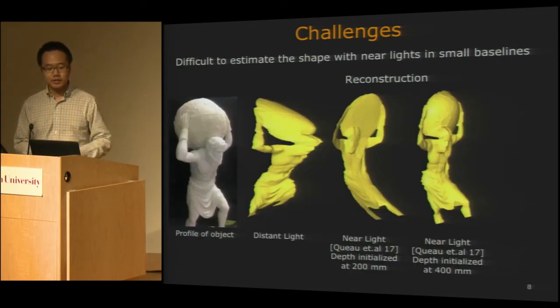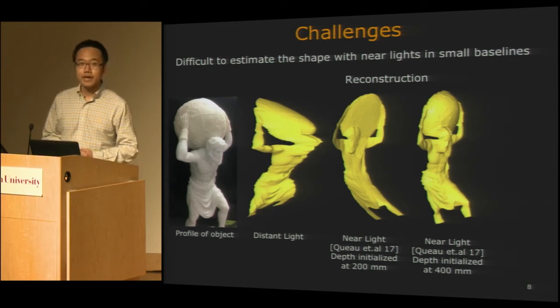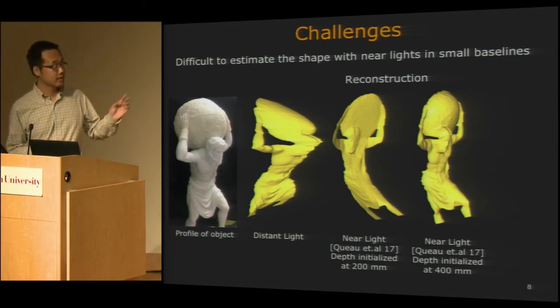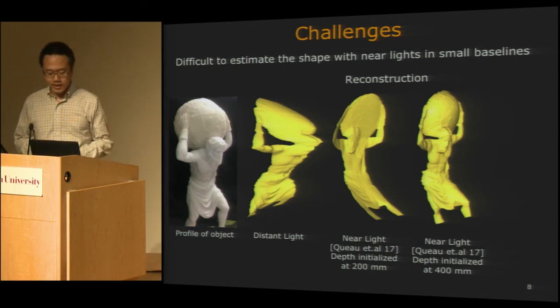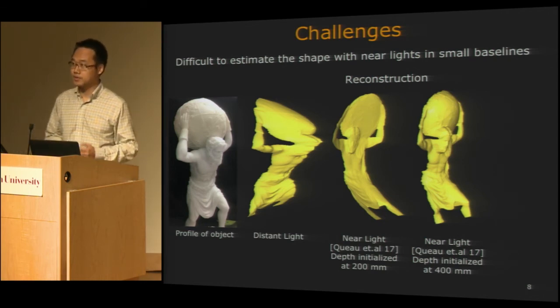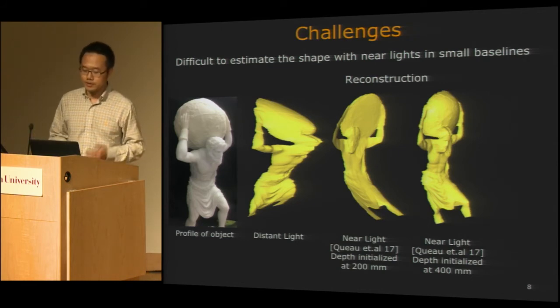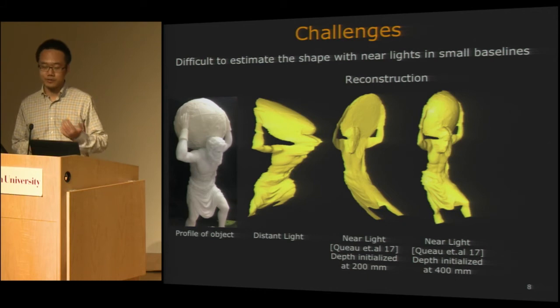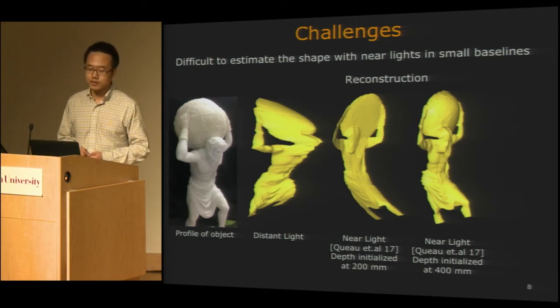Due to the near light condition and the small light source baseline limitation we mentioned above, it is not straightforward to estimate the 3D shape from the images. The second image shown here is a reconstruction using the distant light source assumption. Because we haven't considered the spatially variant nature of the incoming light source direction and intensity, the reconstructed shape is highly distorted.